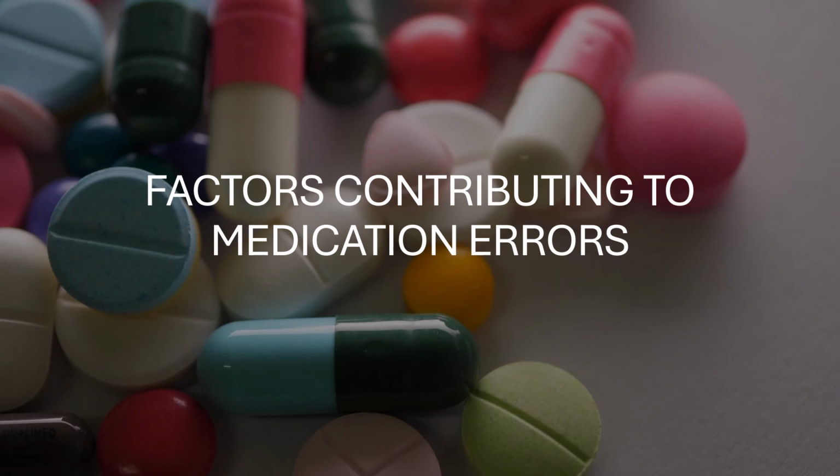Next, failing to account for patients' variables such as age, body size, and impairment in renal or hepatic function. The nurse should always review recent laboratory data and other information in the patient's chart before administering medications, especially for those drugs that have a narrow margin of safety.